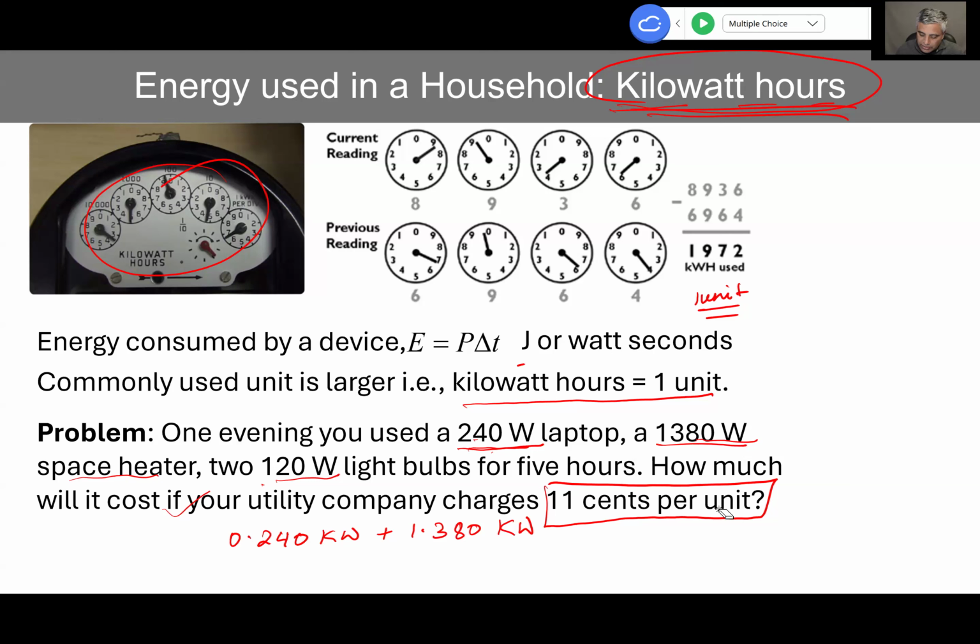So I'm writing in terms of kilowatt because the unit is in kilowatt. And then another one is just 0.120 kilowatt. Okay, so that is power, total power in kilowatt.